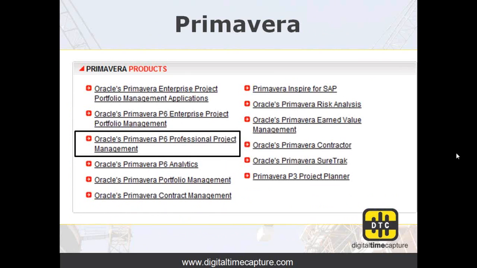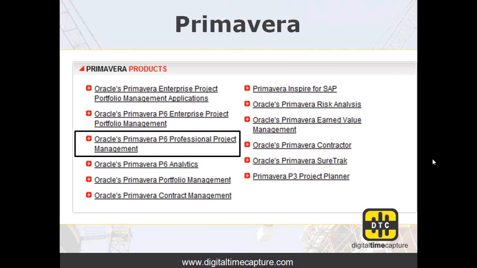Our experience is that the primary product that people are using within the construction industry is the P6 Professional Project Management application, and that's what we're going to be focusing our discussion on today. We can certainly integrate with some of the other Primavera products that are out there, but again, it seems to be that the Professional Project Management application is the standard for the industrial construction industry.